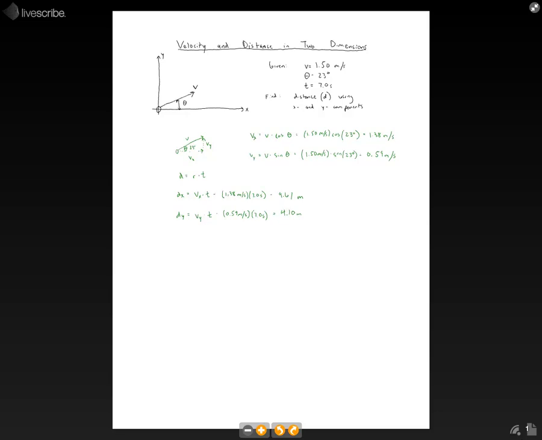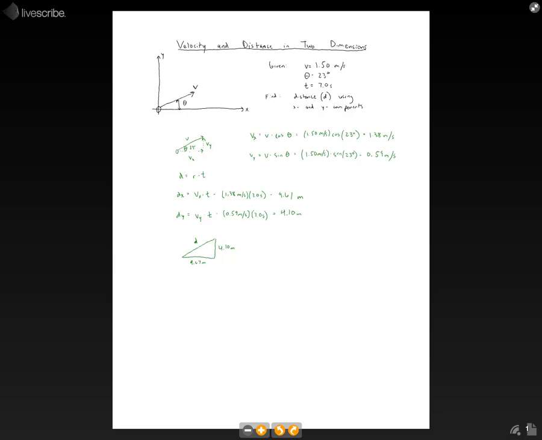Now we have our distance in our x and y directions, but we need to find our total distance. Again, if you want to draw a picture, it might help you out. There's our total distance, but we know we've gone 9.67 meters in the x direction and 4.10 meters in the y direction.